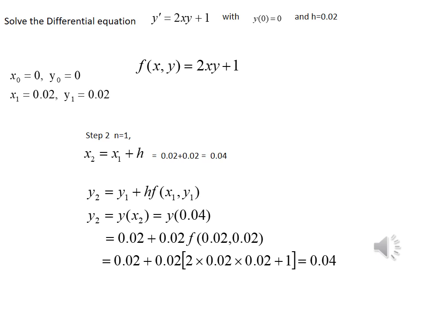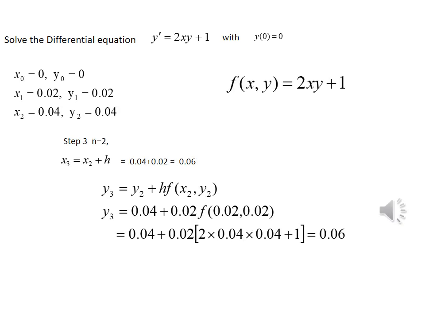So y2 is equal to y1, calculated in the previous step, plus 0.02 into f of 0.02, 0.02. You apply the earlier function f of x, y equal to 2xy plus 1. So finally you get y2.